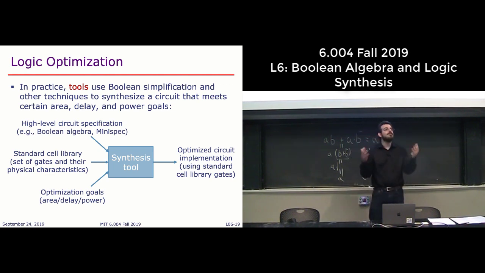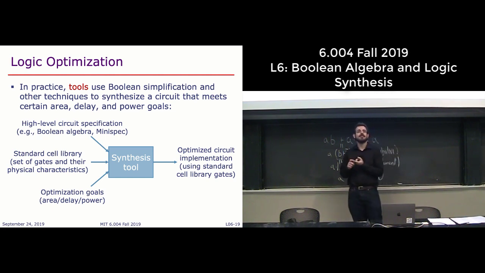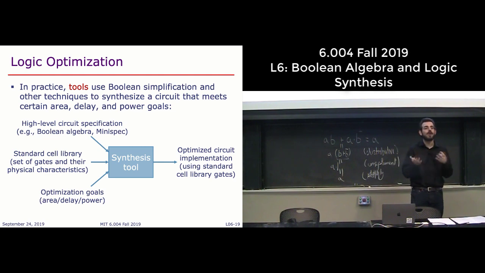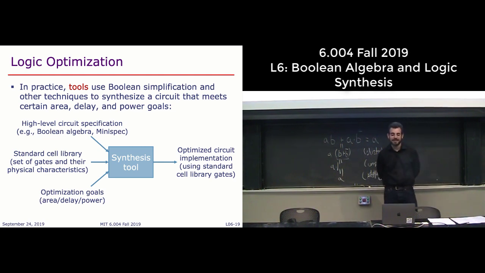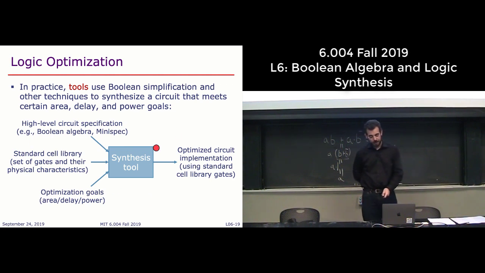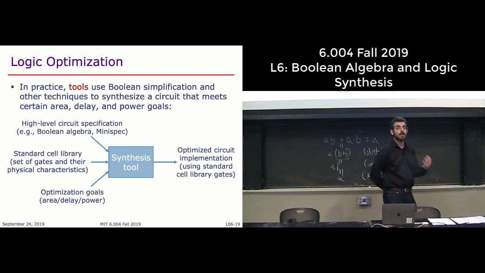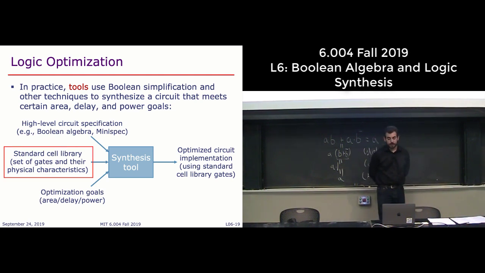And some optimization goal. Do you want to minimize delay? Do you want to minimize area? Do you want to minimize power? Do you want some product of targets? And so on. And so in the end, these tools will give us some optimized circuit implementation according to applying a bunch of Boolean simplification, but also many other techniques to try to derive efficient circuits.